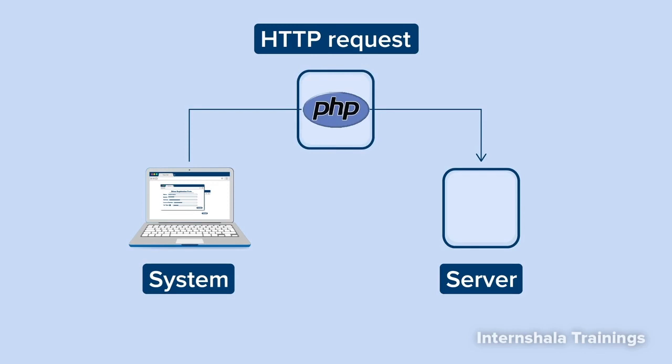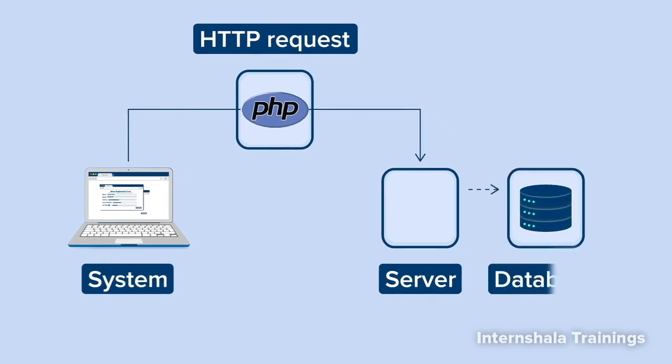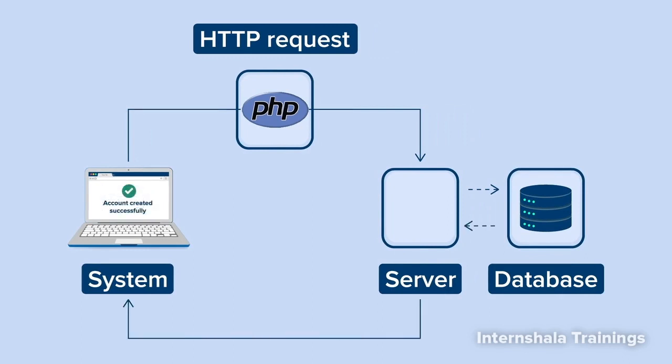Also, all the data that a user enters in the form comes along with this HTTP request and is accessible in the PHP file. Now, the web server will find and execute the SQL queries in the PHP file on the appropriate database. We will learn about these in detail in later topics, but first, let us see how we can install PHP in Windows and Linux OS.